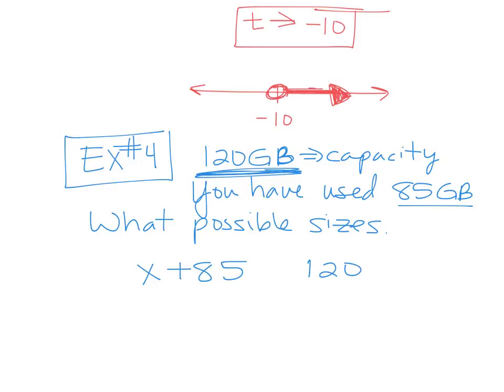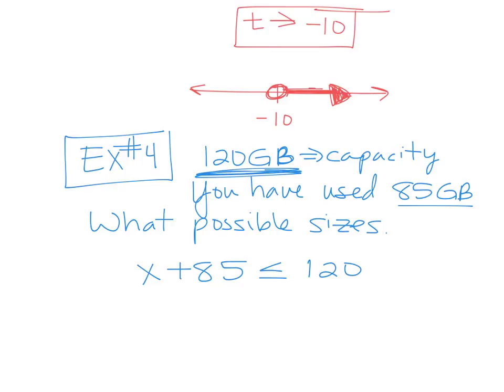Now, if 120 is your max capacity, what symbol has to go there? Less than or equal to, because you could use it all, but you don't have to use it all. But you can go less than, because you can't go above it. That's illegal. Wouldn't work.